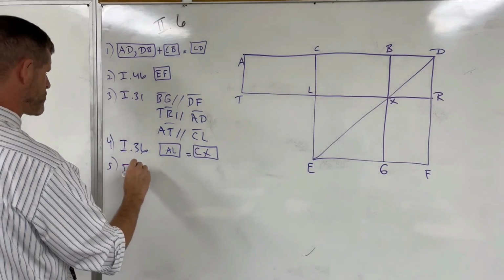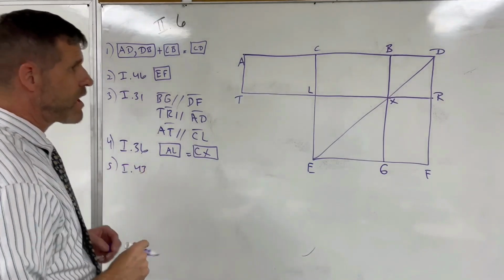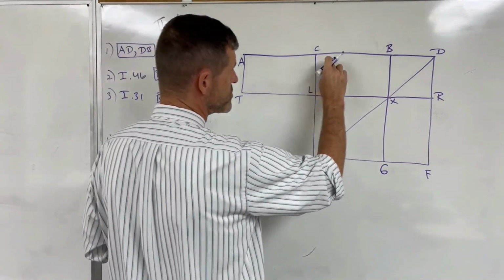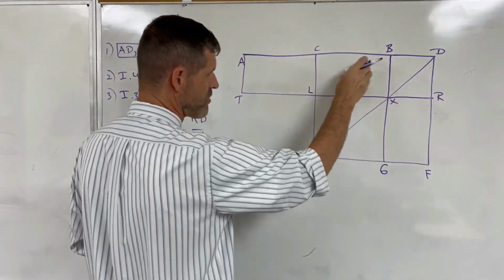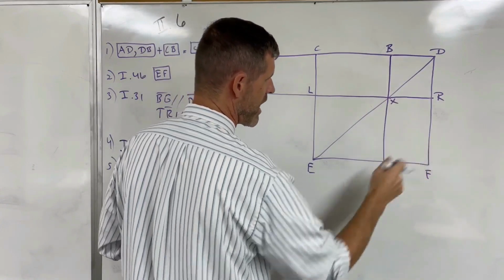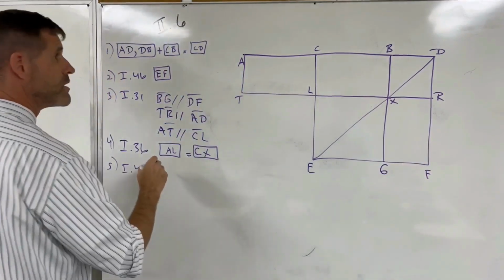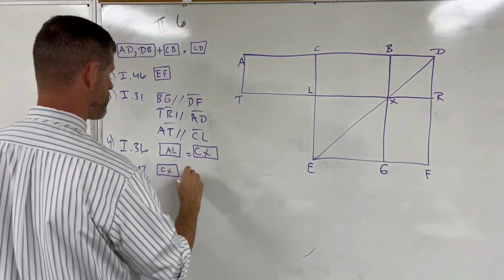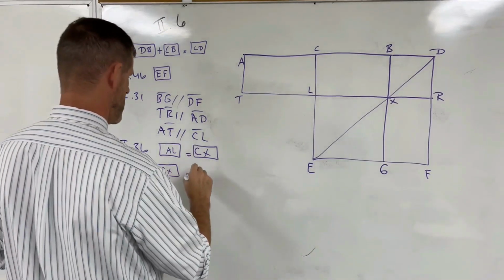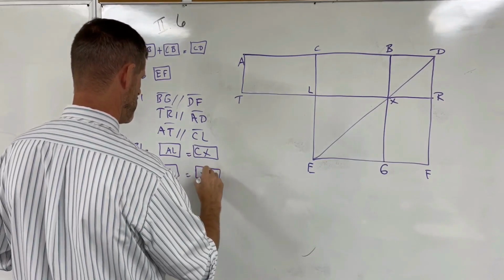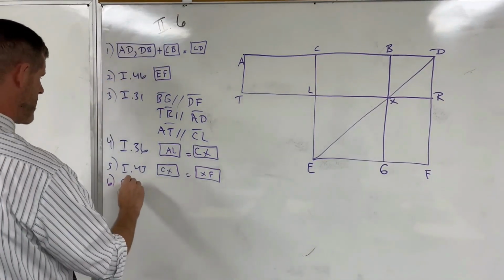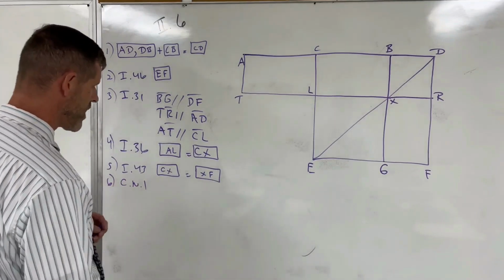And now proposition 43 says the complements about a parallelogram are equal, so that we know CX, a complement, will be equal to the complement XF. And now we can utilize common notion number 1.